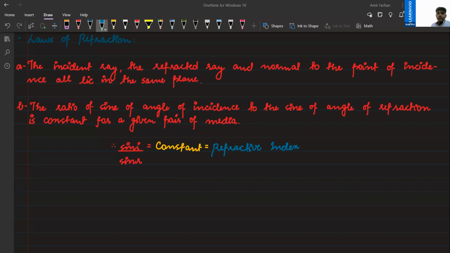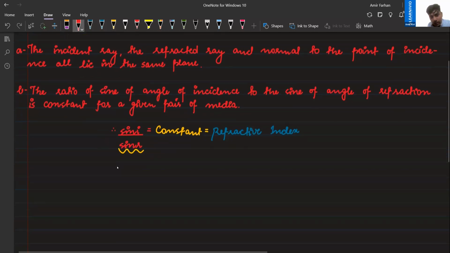If in the exam it asks what is Snell's law, you have to write it. So this is your Snell's law. Clear, everyone?